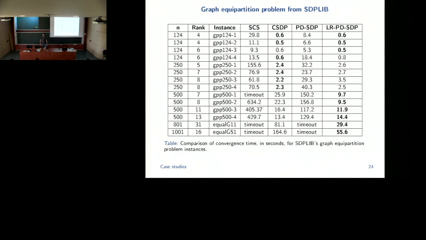I would be curious to know why, if SCS could do better. Did you not get the iteration counts? I don't have them right now, but I can get them for you. I think ProxSDP does way more iterations than SCS, because their iterations are actually smaller.